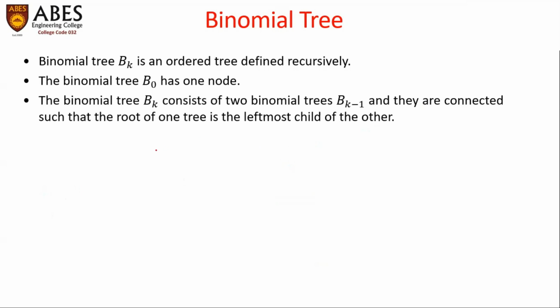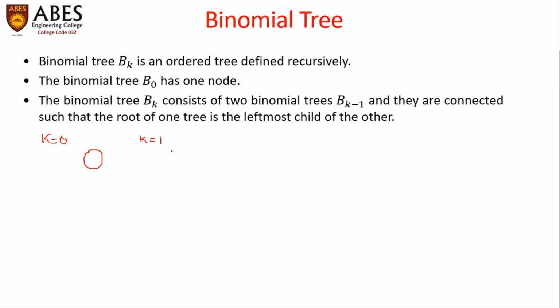For example, if we take the value of k equal to 0, then our binomial tree consists of one single node. But when k is greater than or equal to 1, we have to draw our binomial tree like this.